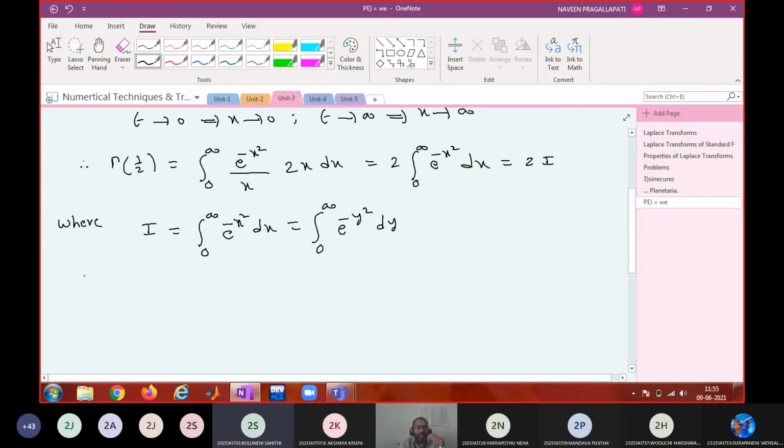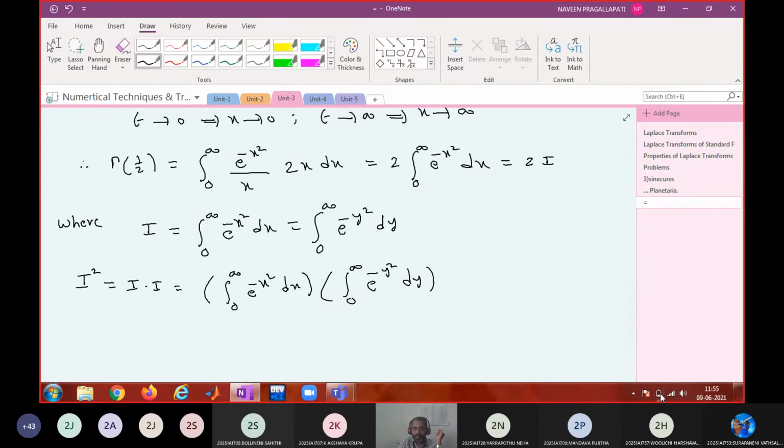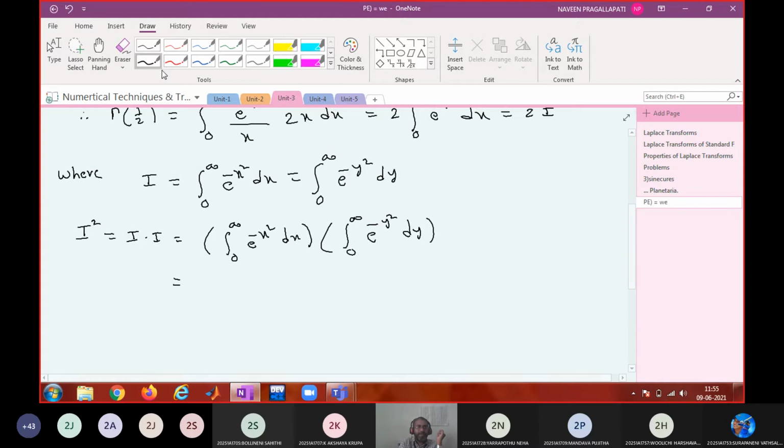Okay. So now if I consider I square, what is I square? I into I. First I will write it in terms of x. After all, you are multiplying two constants. Observe carefully: e power minus y square dy. Now you see, this is a constant. This is an integral. So consider this is k. What is k into integral?